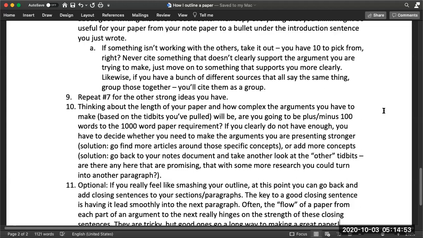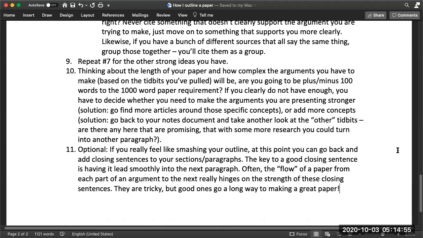So this last step here, this optional step, if you really feel like smashing your outline, at this point you can go back and add closing sentences. So you already have your thesis, you already have the opening sentences to your body paragraphs, but at some point you're going to have to write closing sentences to your paragraphs too.